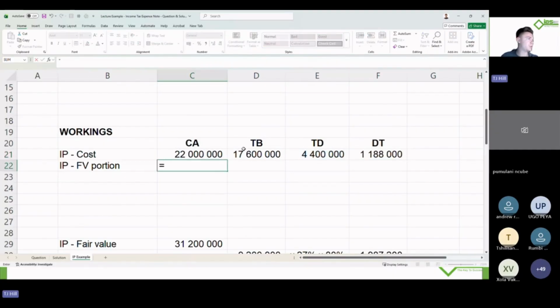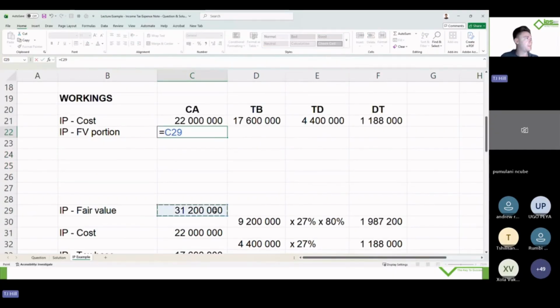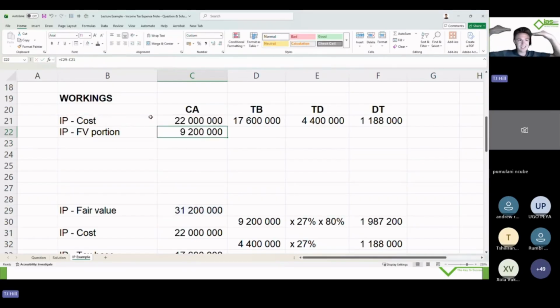Then your fair value portion is you're going to take the fair value minus, because your carrying amount is actually 31.2, which is at fair value. So we're going to say carrying amount actual minus the cost portion, which is going to give you the excess fair value. The tax base here is, put it as 0. Okay. Because you're not getting a deduction against the gain itself, actually.